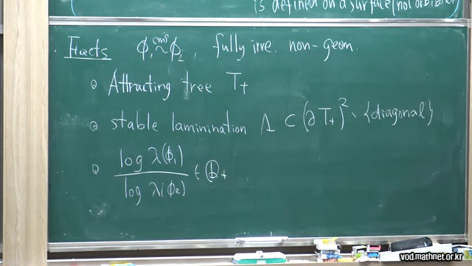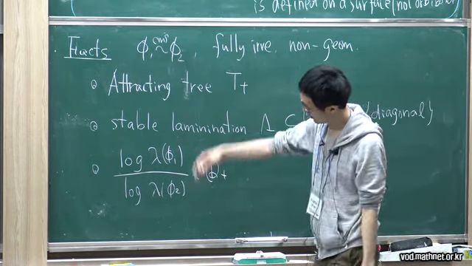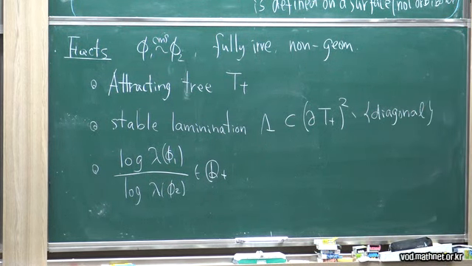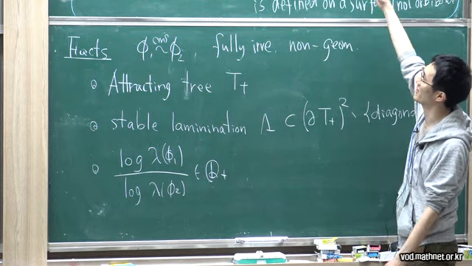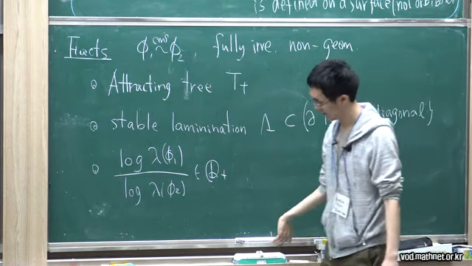So we can see many similar phenomena as for pseudo-Anosov mapping classes. And I'm just erasing here and writing almost the same thing.